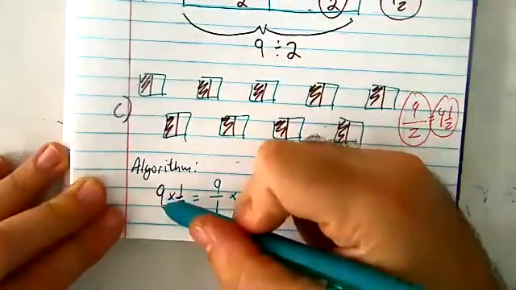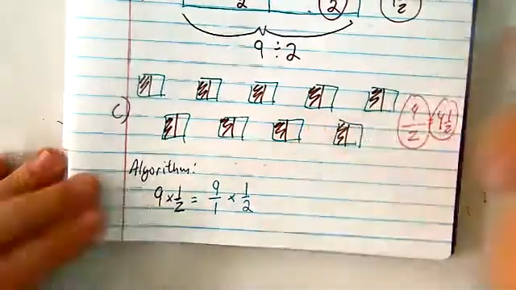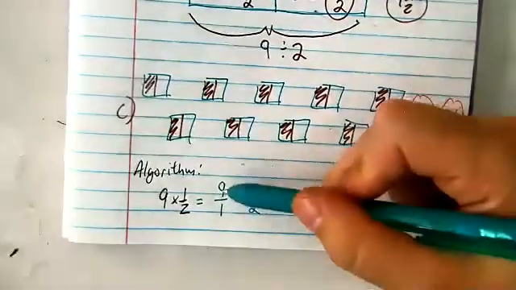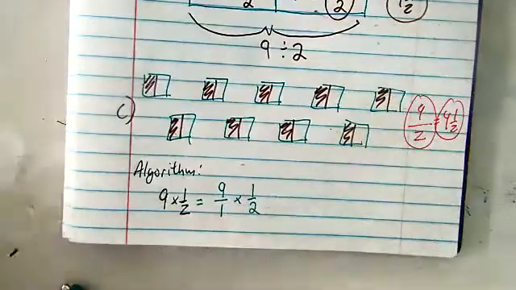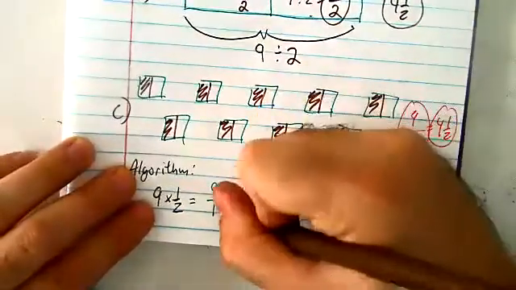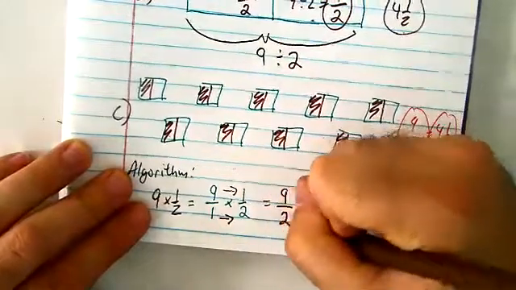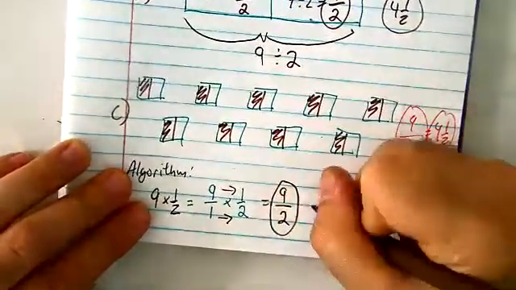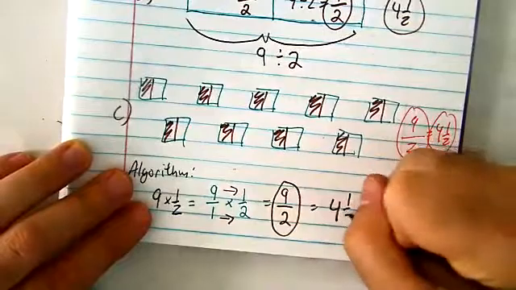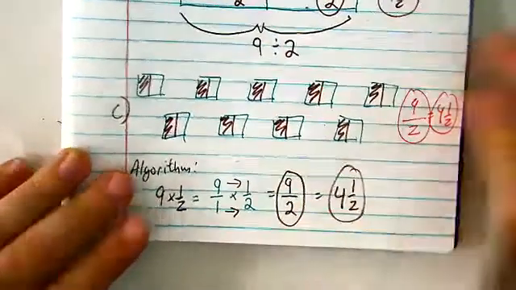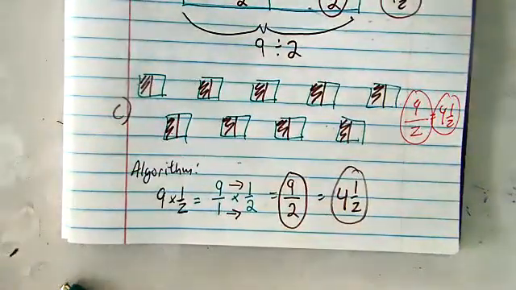Because 9 wholes is like saying 9/1. Every whole number is like itself over 1. Then I can just multiply across like we learned last week. 9 times 1 is 9. 1 times 2 is 2. Still 9 halves, which is still 4.5. Those are both equally good answers.